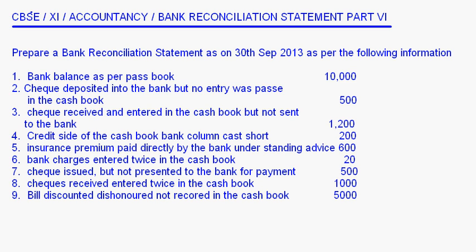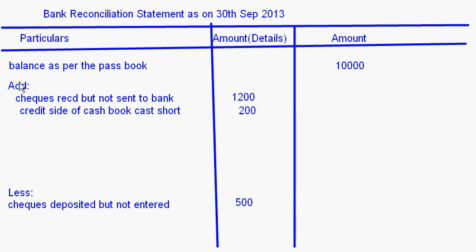Then, insurance premium paid directly by the bank under the standing advice. So when the insurance premium is paid directly by the bank, the bank balance becomes less, whereas the cash book balance is still more. So that should again come in the add, right?